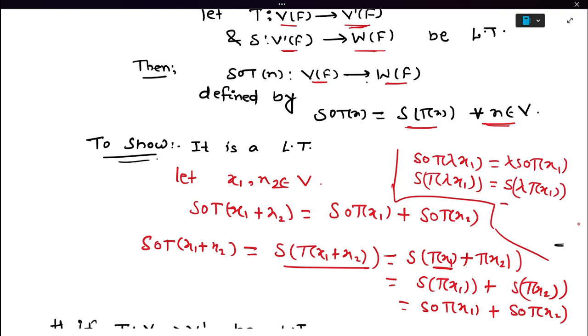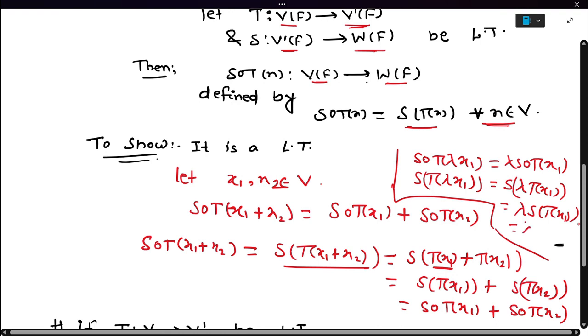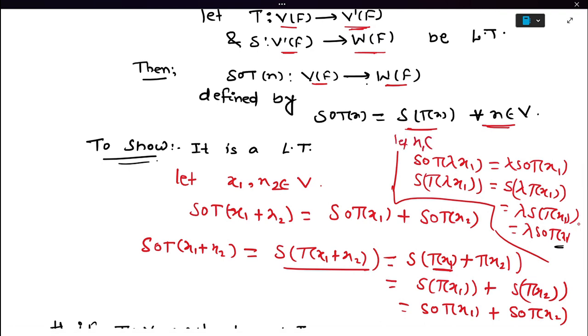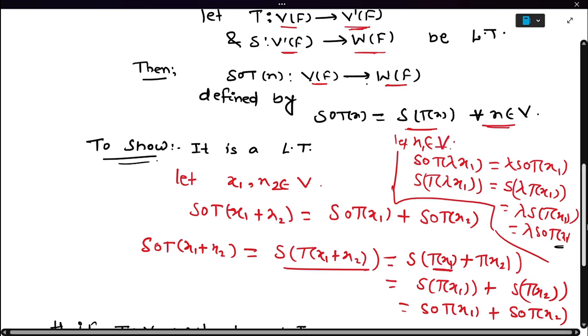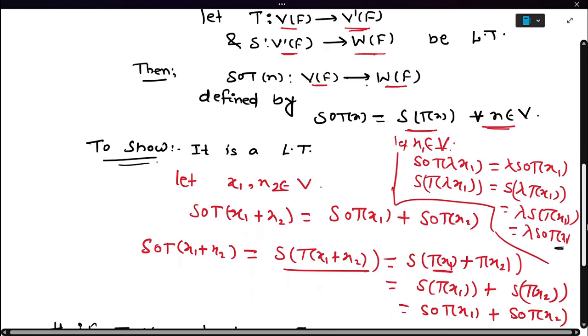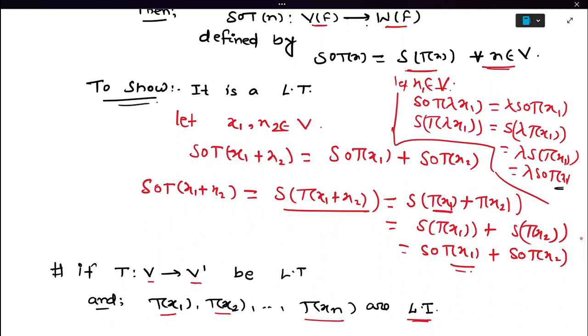And since S is a linear transformation, we have lambda S T of x1, which equals lambda S of T of x1, and x1 was an arbitrary element, let x1 belong to V. Hence we have proved that the composition of two linear maps is again a linear map.